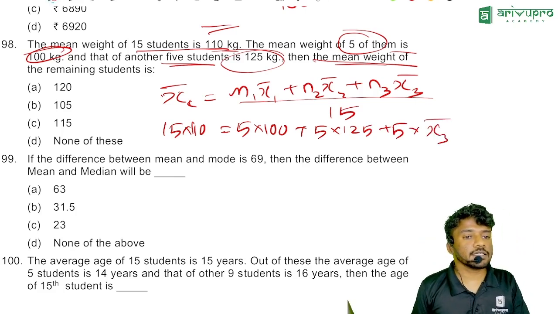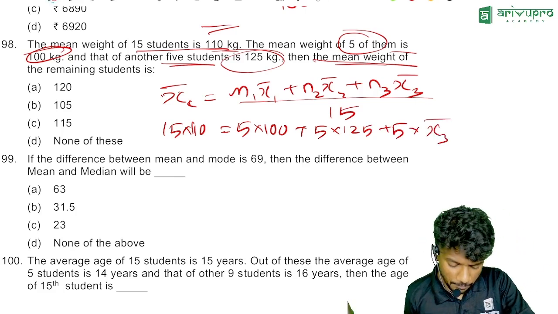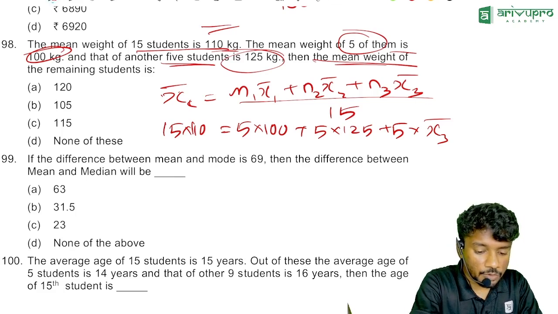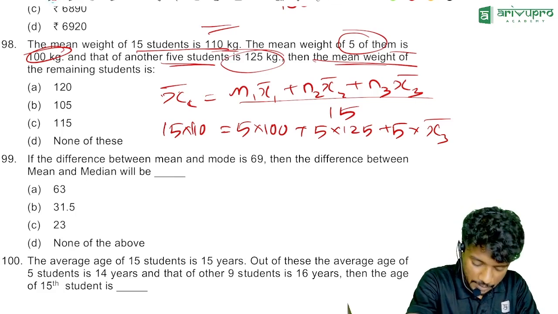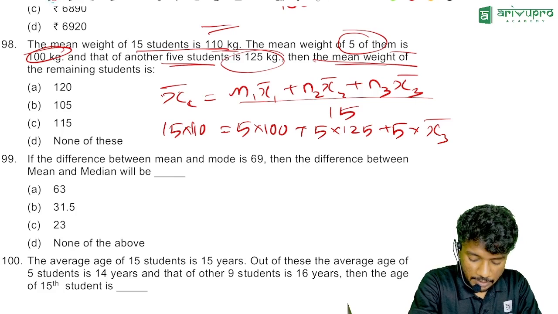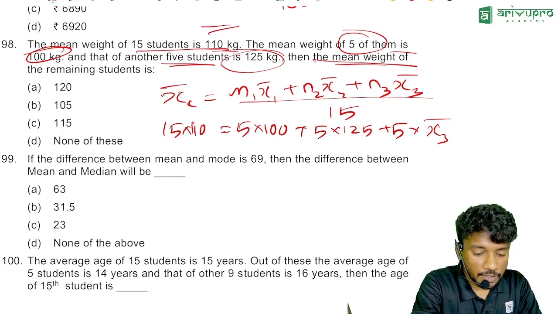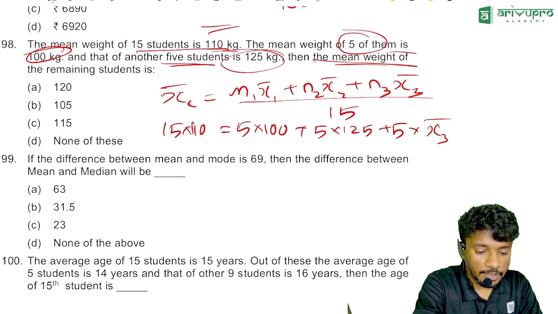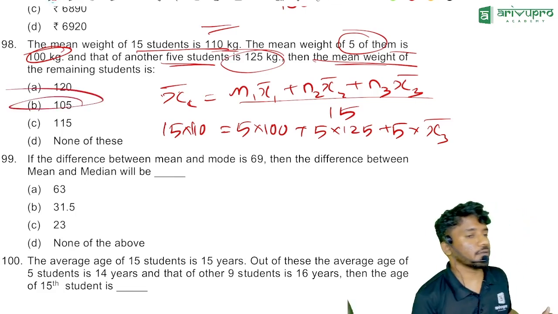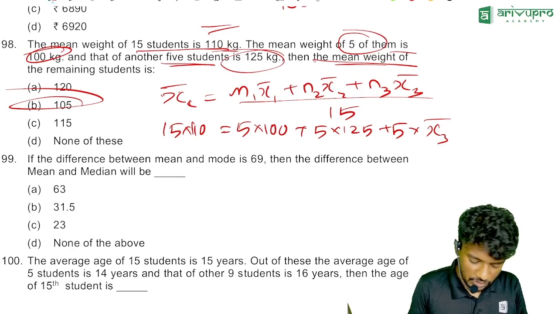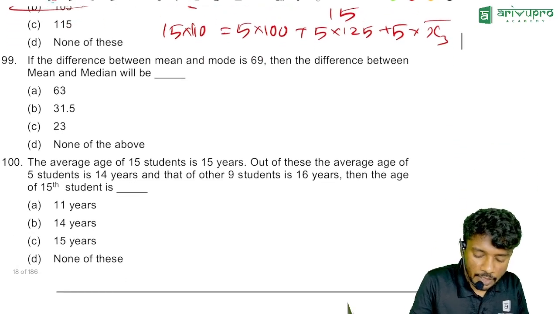Can you find it? Use the calculator. Clear the memory. So 15 into 110 M plus, 500 M minus, 5 into 125 M minus, the whole MRC, the whole divided by 5. Answer is 105. Got it? Yes. Can you do the next one?